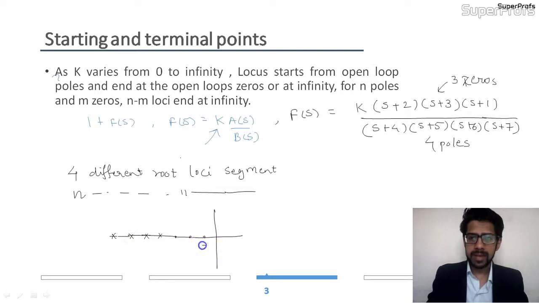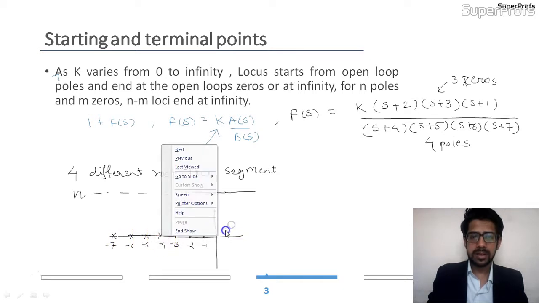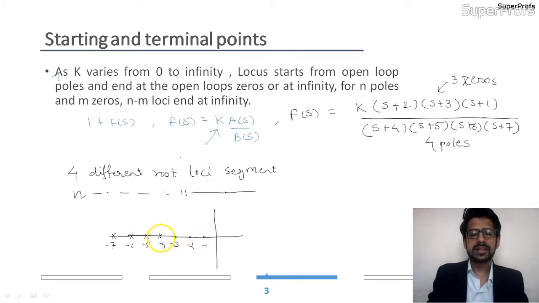So we have -1, -2, -3, -4, -5, -6 and -7. The root loci will start at a particular pole, let us say this pole, and this root locus will travel towards a particular zero. So this is how we will decide the direction of the root locus.